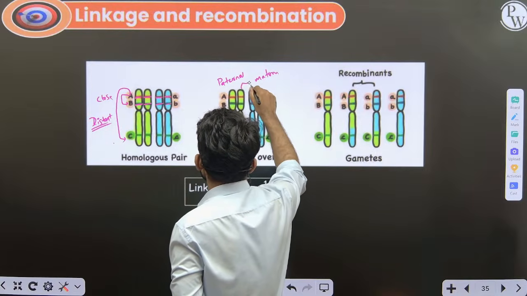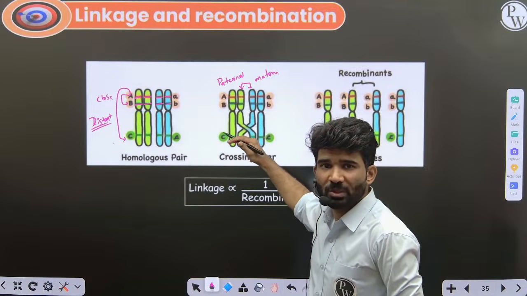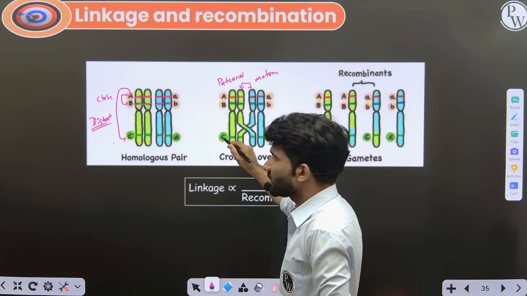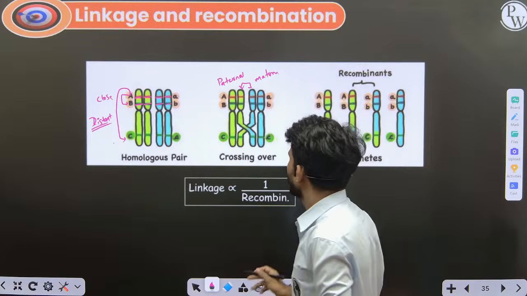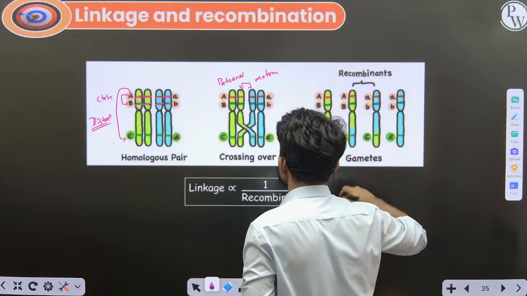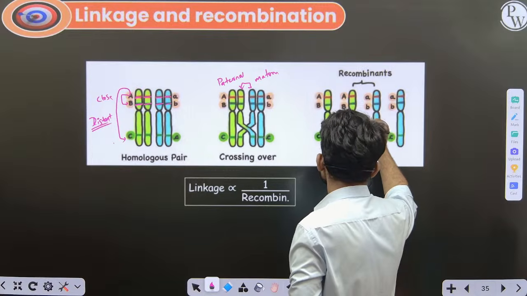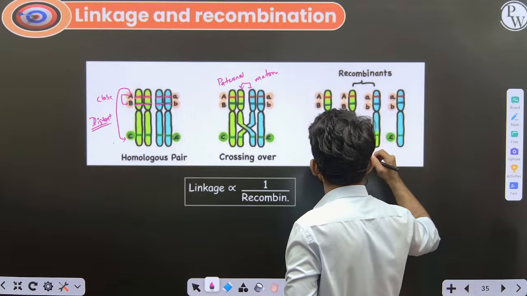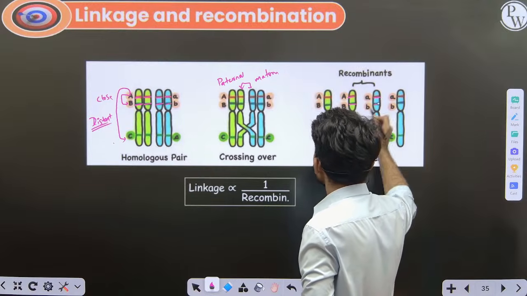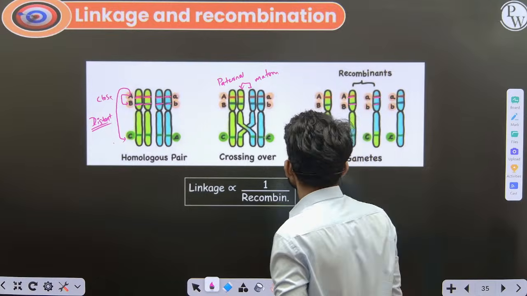In crossover, there is an exchange of chromosomal segments, maternal and paternal. When they exchange, the genes located on those segments also exchange. In the recombinant, the C from the maternal chromosome comes here and the C from the paternal goes there. But closely linked genes will not recombine; they remain as they are.